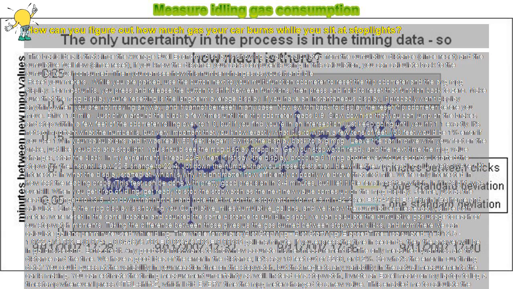Taking the difference between those gives us the gas burned between stopwatch clicks, and from there we can calculate gallons per minute used while idling.